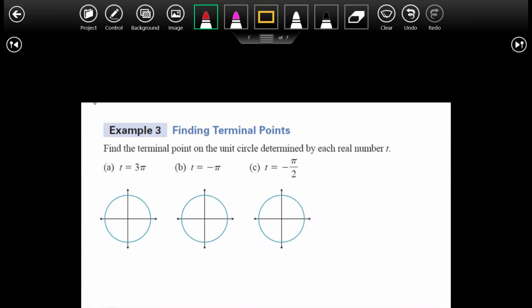Find the terminal points on the unit circle determined by the real number t. So it is some t length units away.